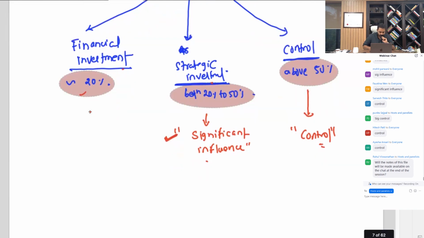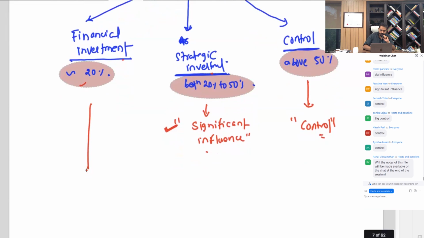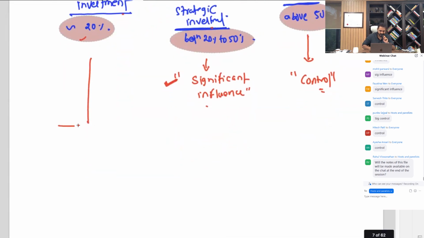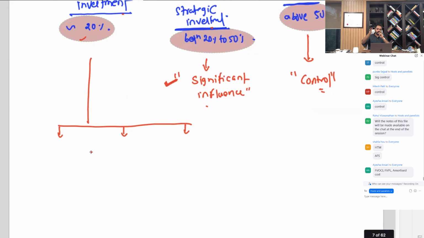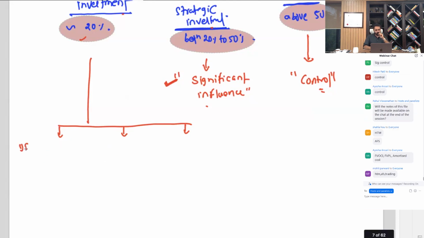Now, for financial investment, we have three broad categories through which accounting will be done. We take financial investment and divide it into three buckets. First we'll use US GAAP terminology, and then we'll use IFRS terminology.